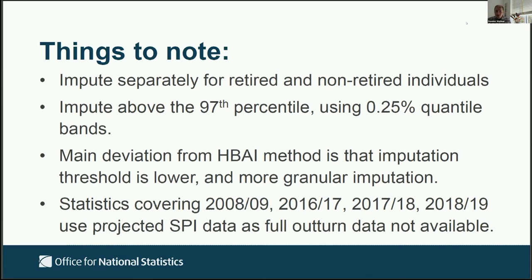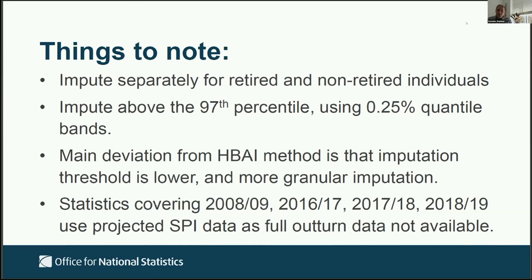So then the main deviation in our approach from HBAI is that our imputation threshold is lower. So we are adjusting more people as a proportion of the data set, and our imputation is more granular. So the HBAI does one single imputation for one single group, where we split ours into 0.25% quantile bands.